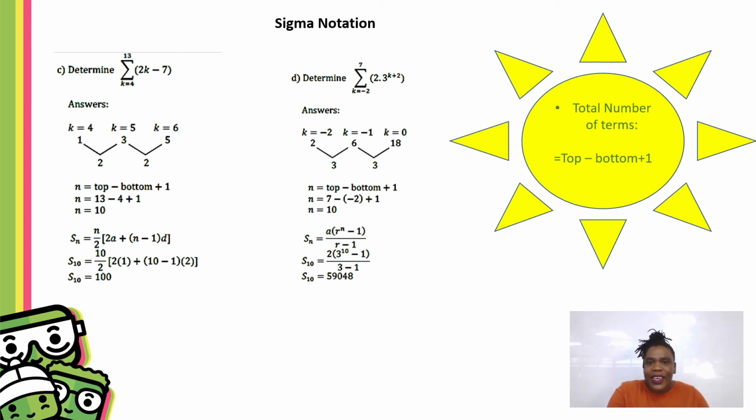And then again, substitute integer values into either your k or your n to expand your sigma, and then do what you know. Use either your linear sequences, arithmetic sequences, geometric sequences, or quadratic sequences to then complete whatever it is that you're asked to complete.